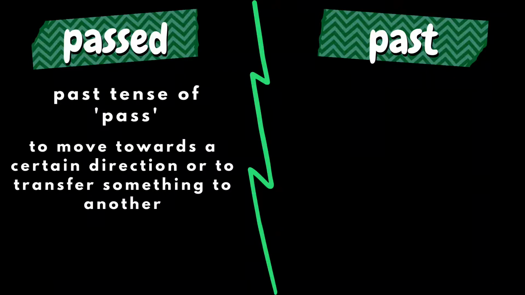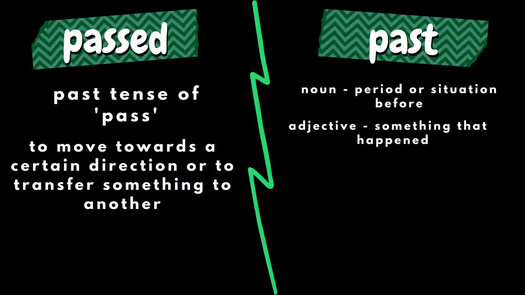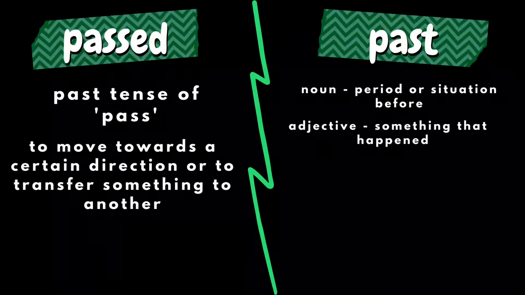Past, on the other hand, may be used as a noun if it refers to a period or situation that happened before. It can also be an adjective if it describes something that already happened.